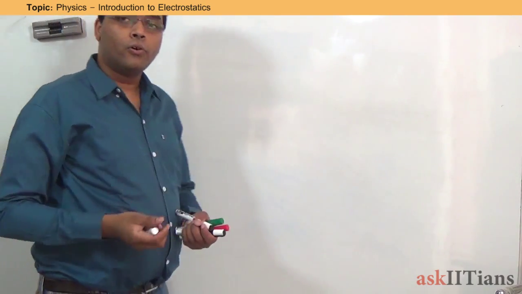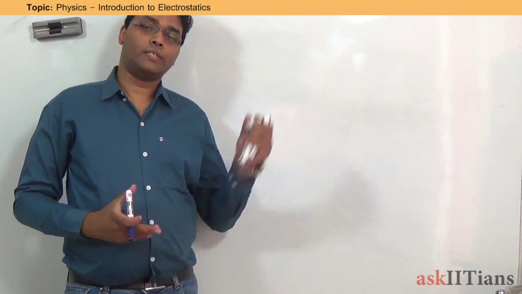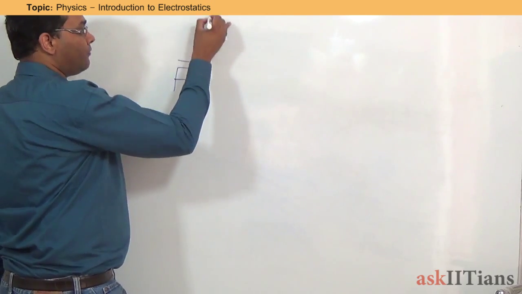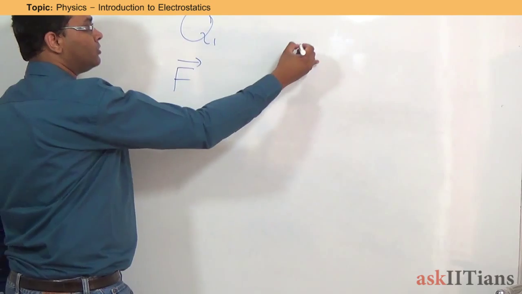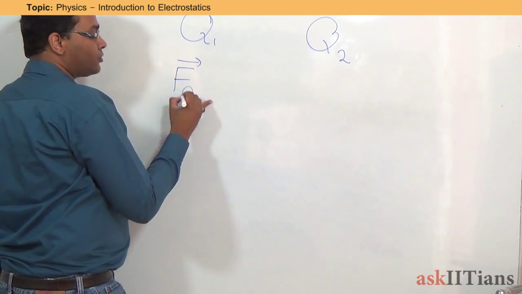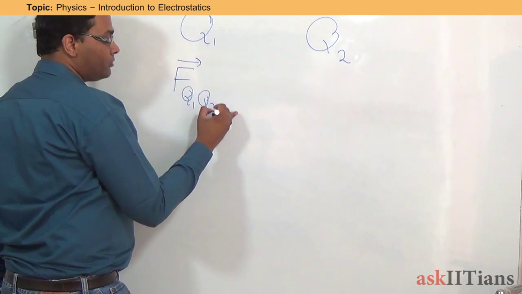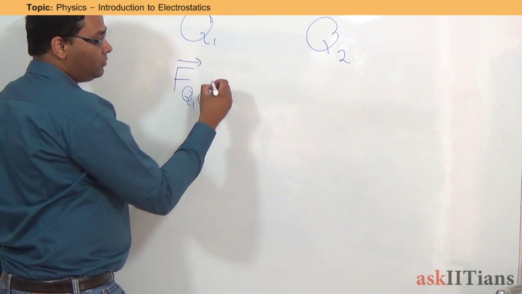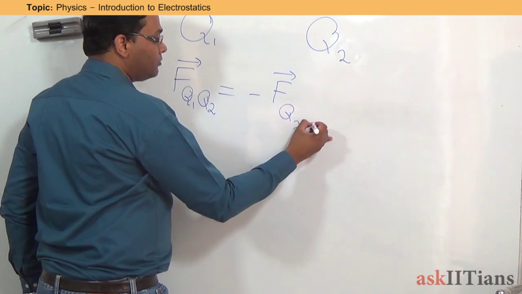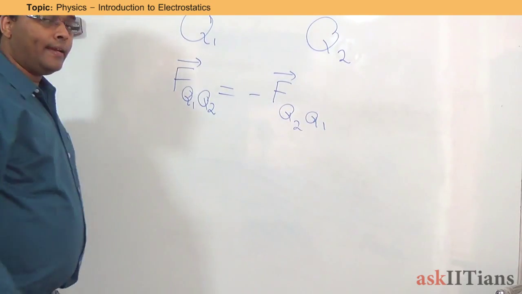When we say that force is a vector quantity, obviously this force is also going to be a vector quantity. Therefore, the direction matters. If I have two charges, let's say this is charge Q1 here and I have charge Q2 here, then the force F Q1 Q2, that is, Q1 acting on Q2, is going to be equal to minus F Q2 Q1, right?